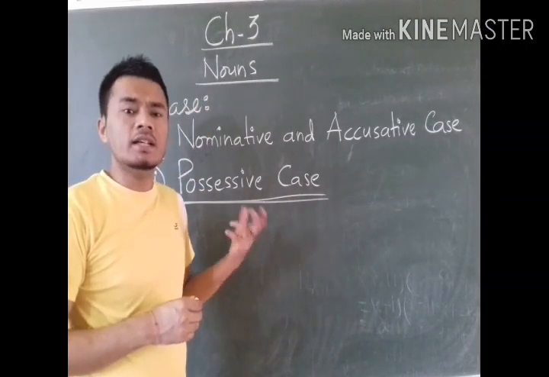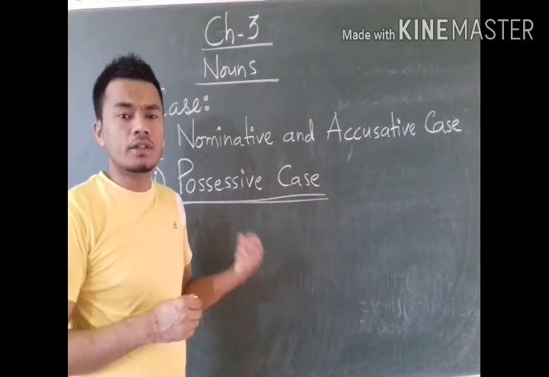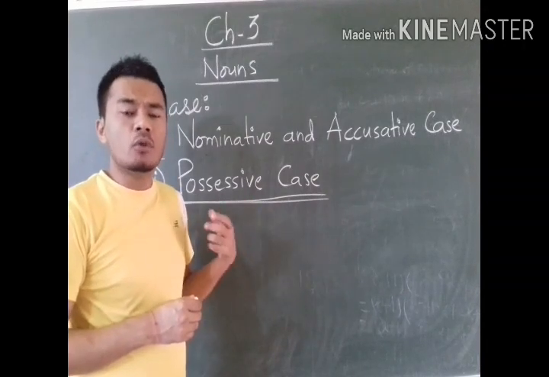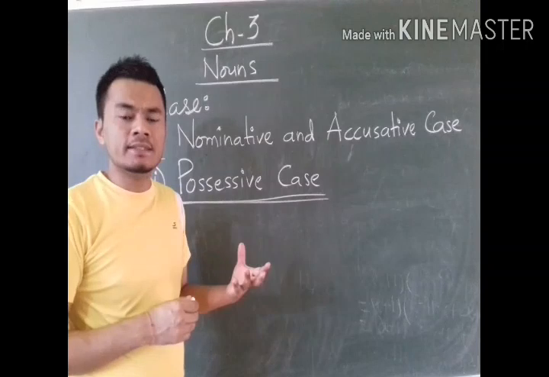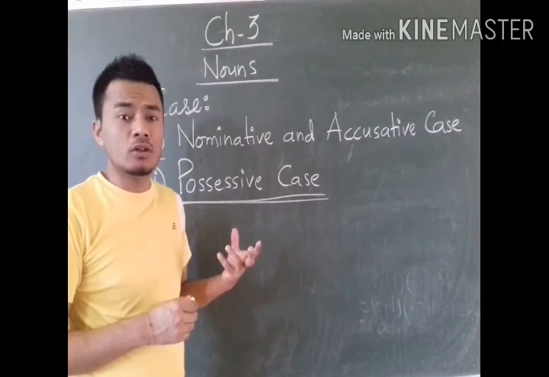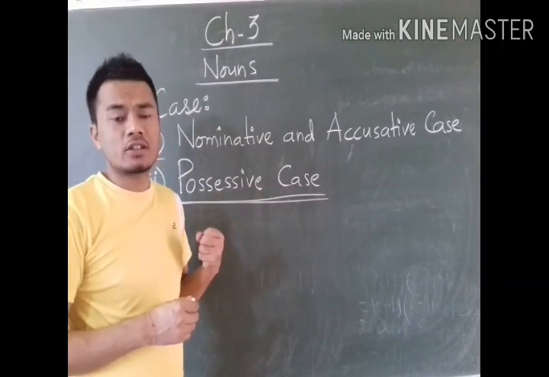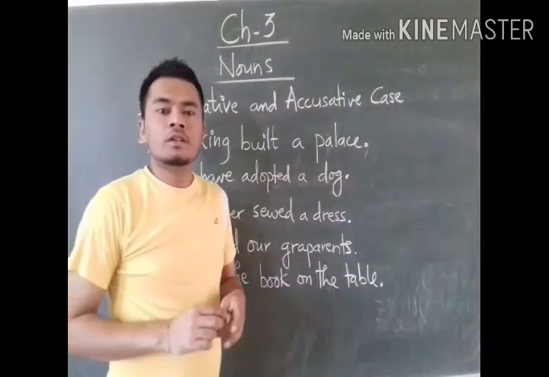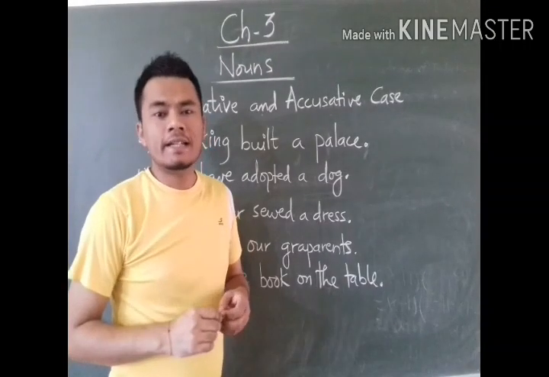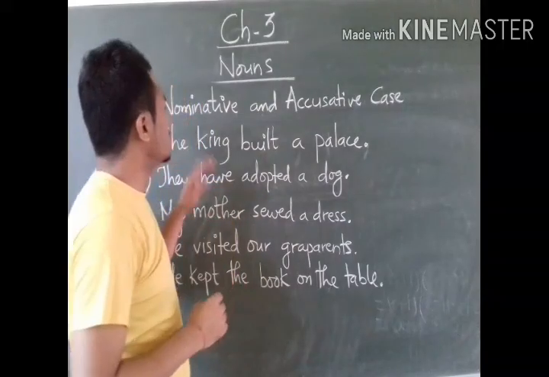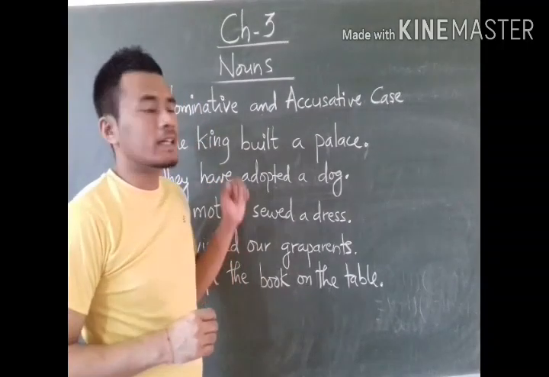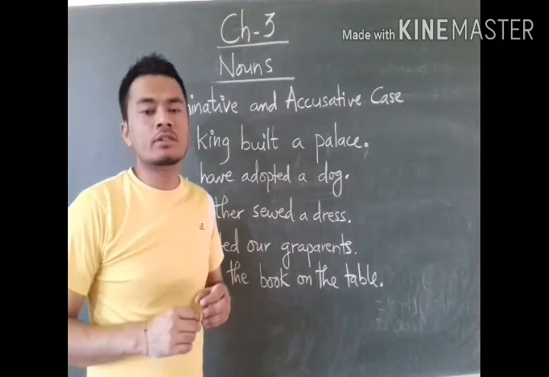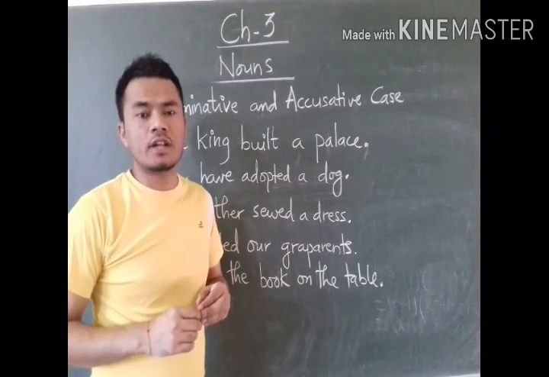This also we will learn in this video. So students, I want you to be very attentive while I explain all these cases of nouns. Understood students? So at first, let's discuss what are nominative and accusative case of nouns.